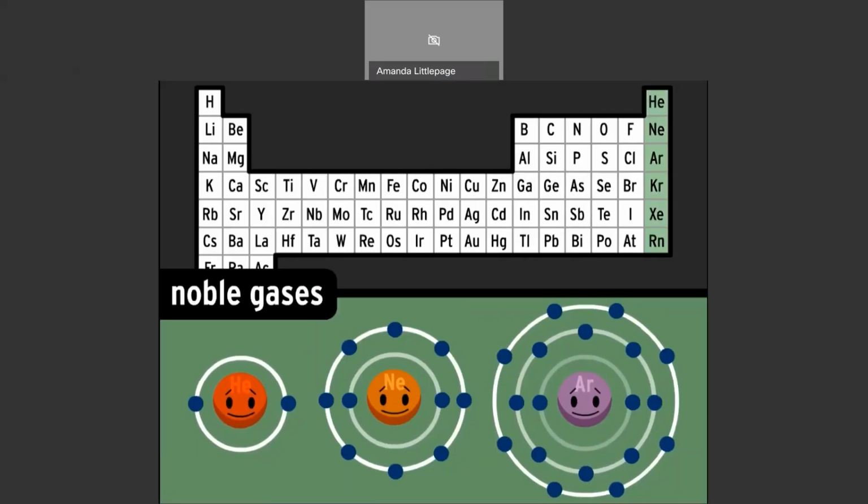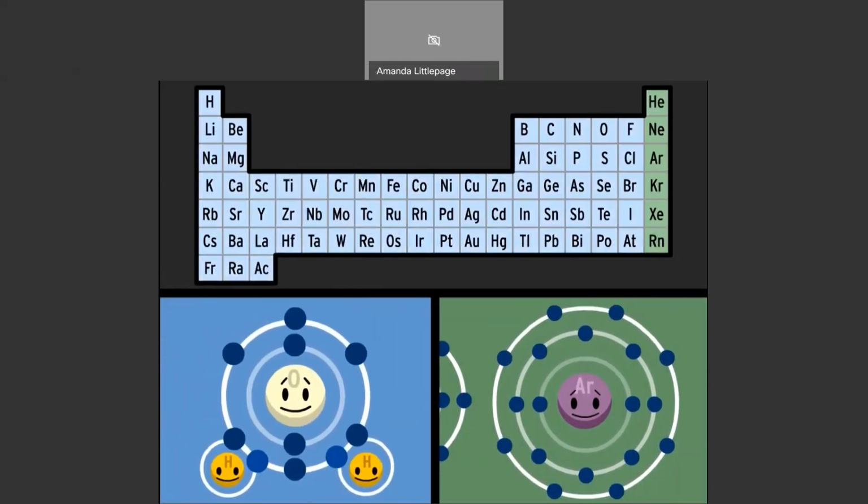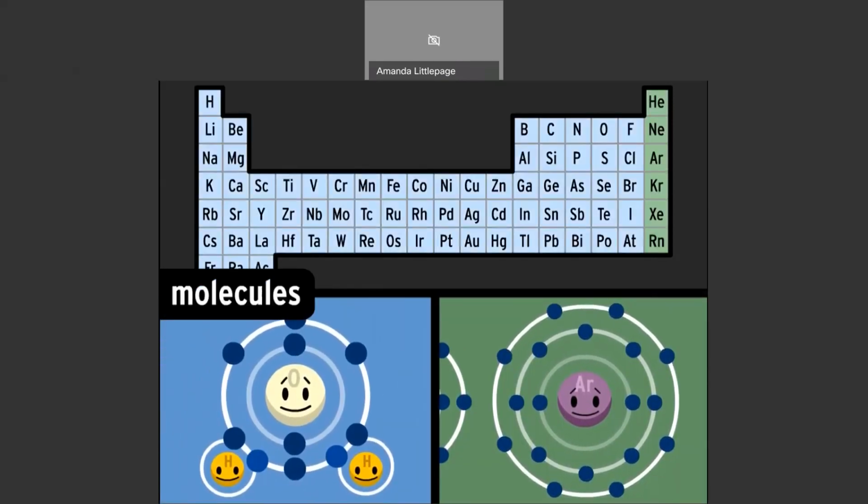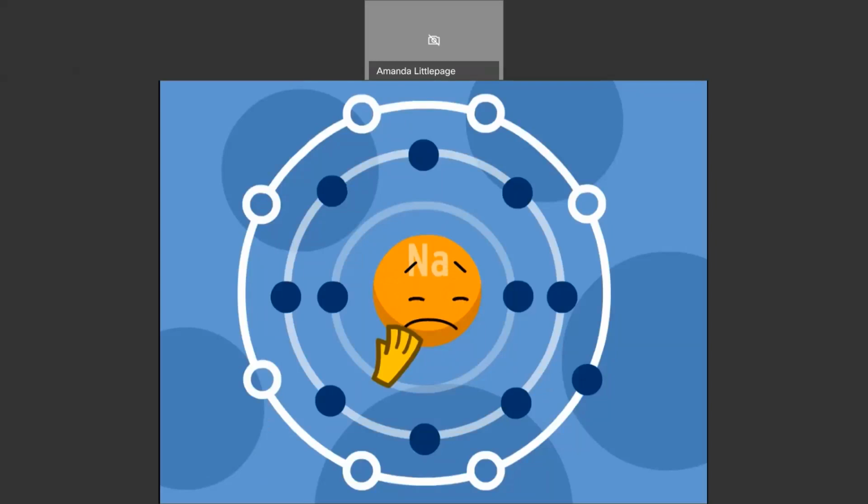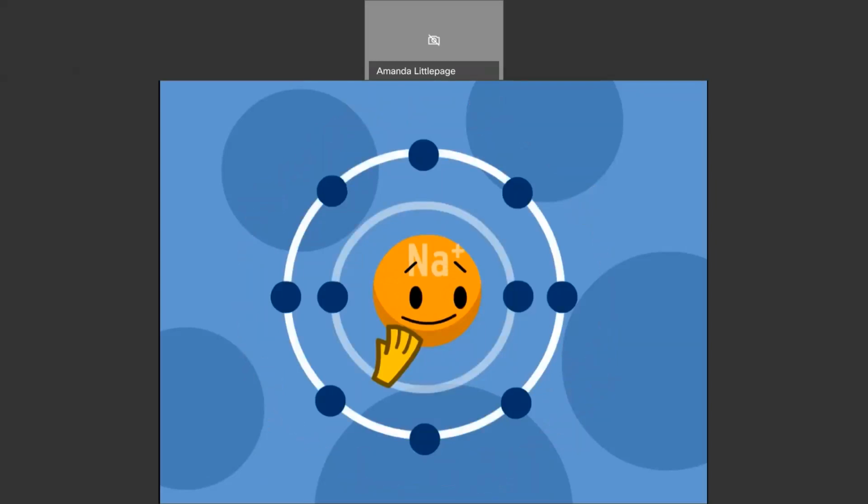In all of the noble gases, the outer shell is either full or has 8 electrons. That's why they almost never form bonds. The other elements on the table tend to occur in molecules, sets of 2 or more atoms bonded together. It helps to think of atoms as wanting to be inert, so they try to gain or lose electrons to reach a stable number.